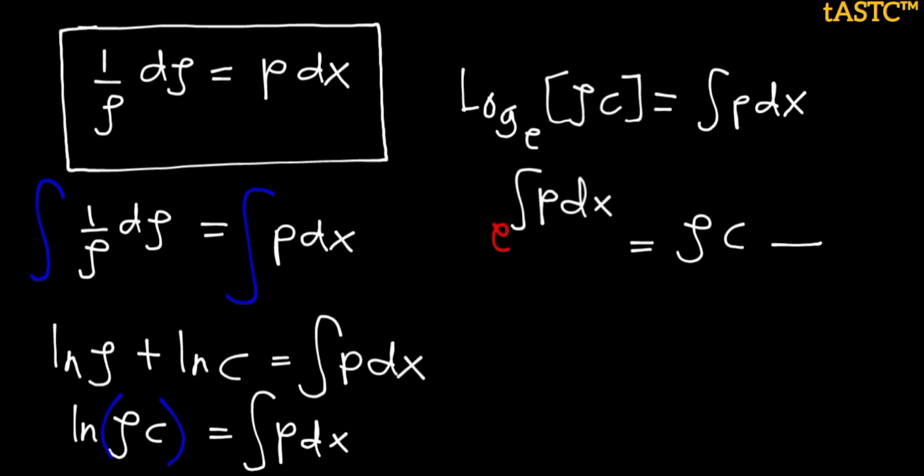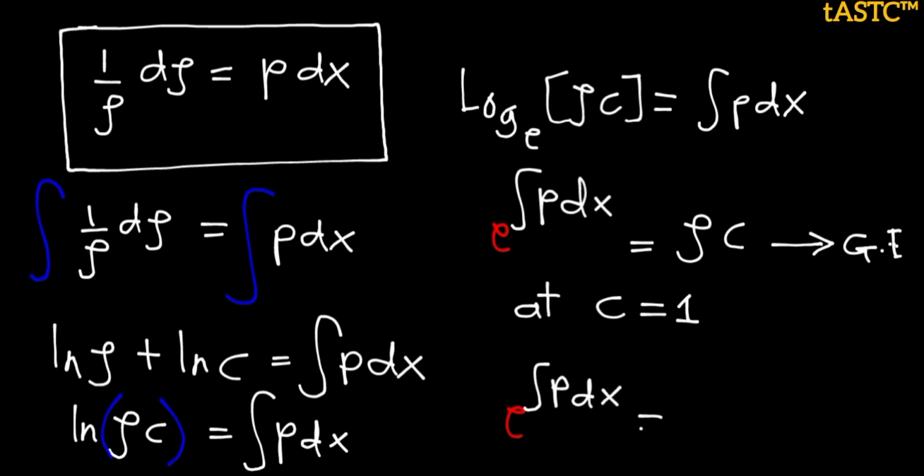Now, this is actually the general equation, but we want to express it in specific terms, that is, in such a case as having c, the constant, be unity. So if we make c to be 1, we're going to have a new form. That will be e raised to the power of the integral of p dx, and that is equal to rho.